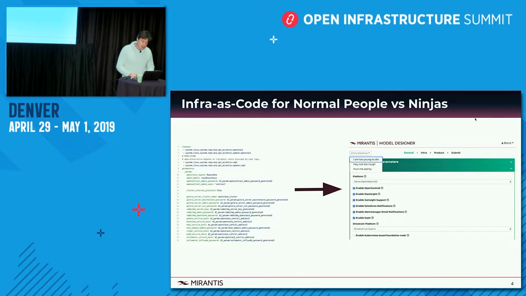So what we're introducing now is what we call Infra-as-Code for normal people and not DevOps ninjas. I will demo it in a second, but in a nutshell, it is a SaaS-driven GUI that provides guardrails and some opinion on top of the YAML model which you would use to deploy the cluster.